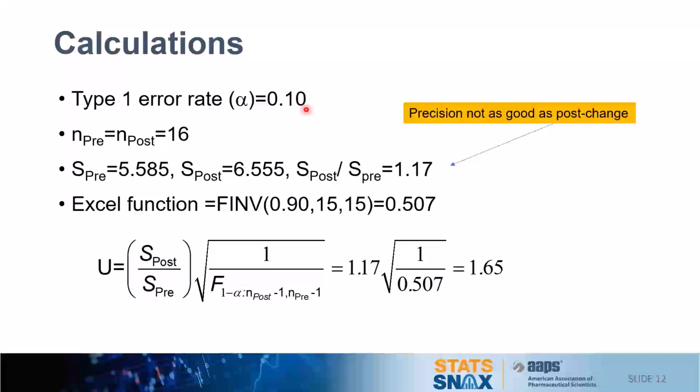I'm going to take 10%. Now, many of you are familiar when you do statistical tests with using an alpha of 5%. I mean, that seems to be the norm. But I will say that when you're doing tests with variances, you have much greater uncertainty than you do when you're testing with means. And testing with means, people typically use alphas of 5%.